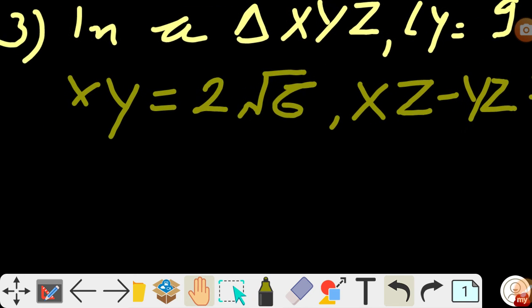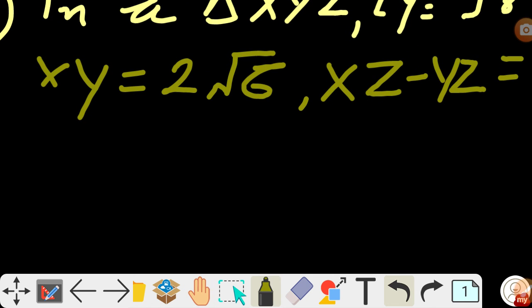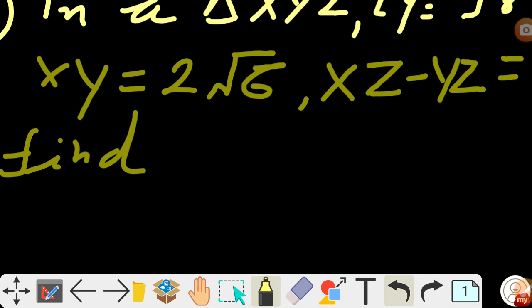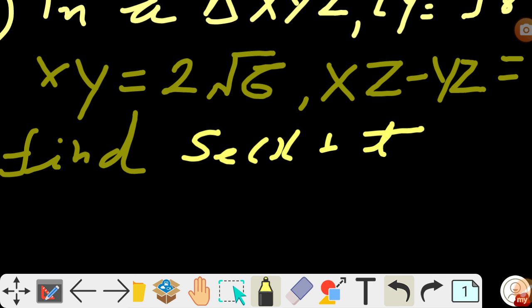Find sec x plus tan x. I repeat this question again.